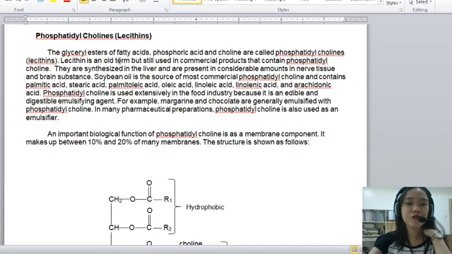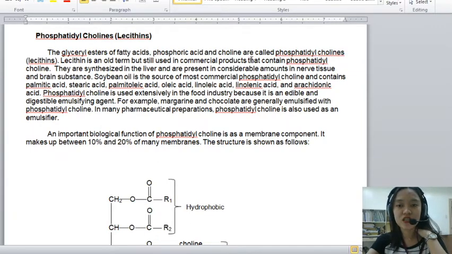So lecithin is an old term but is still used in commercial products. They are synthesized in the liver and are present in considerable amounts in nerve tissue and brain substances. Your soybean oil is the source of most commercial phosphatidylcholine and contains palmitic acid, stearic acid, palmitoleic acid, oleic acid, linoleic acid, linolenic acid, and arachidonic acid.